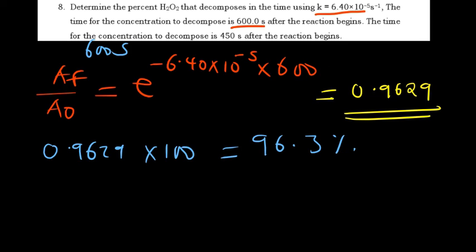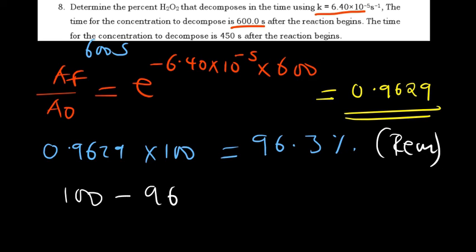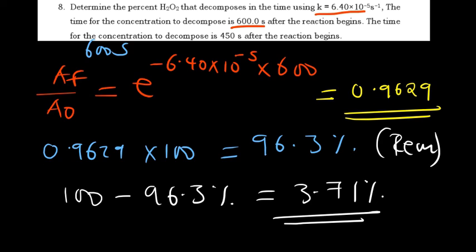This is how much remained. To find how much decomposed, subtract from 100 how much remained. So you end up with a value of 3.71% decomposed in this case.